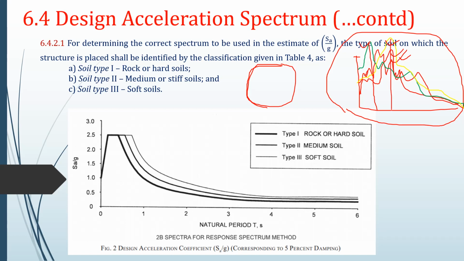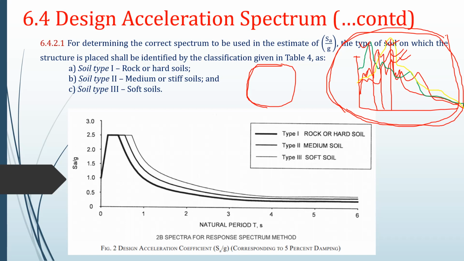That means these peak values occur at different time periods in the different response spectra. Also, for any particular site, we may not be able to predict this irregular response spectrum in all its detail.